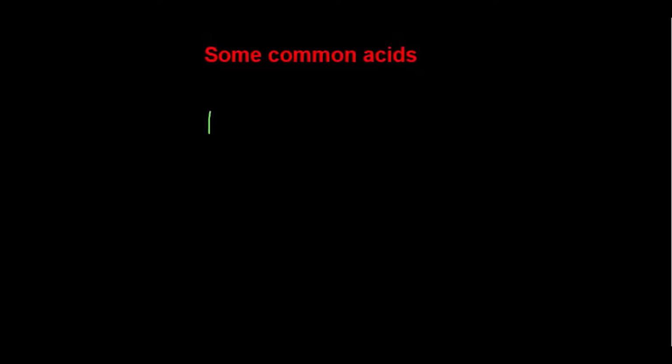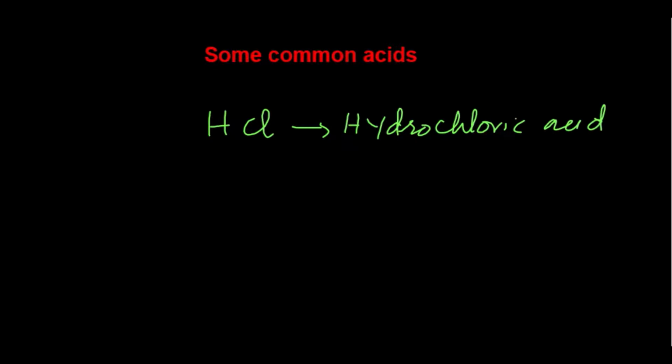We will see some of the important common Arrhenius acids as well as bases. The first common acid is HCl. HCl is known as hydrochloric acid. Right, students? The second important acid is HNO3.